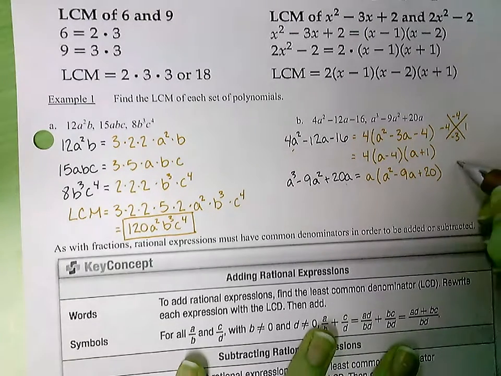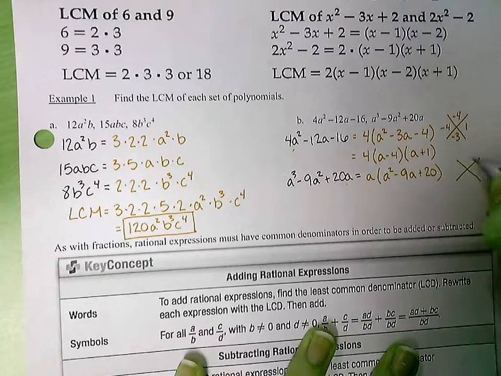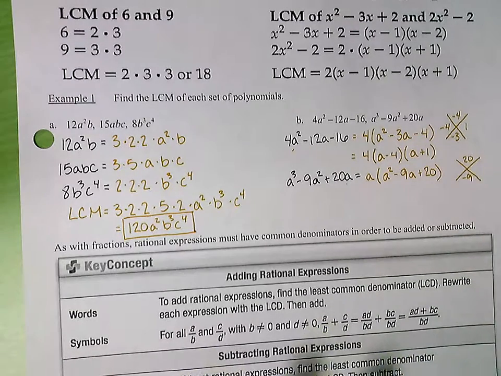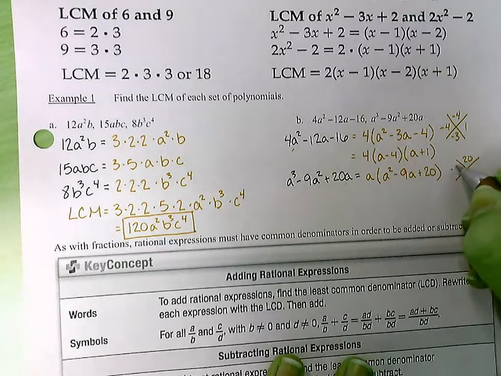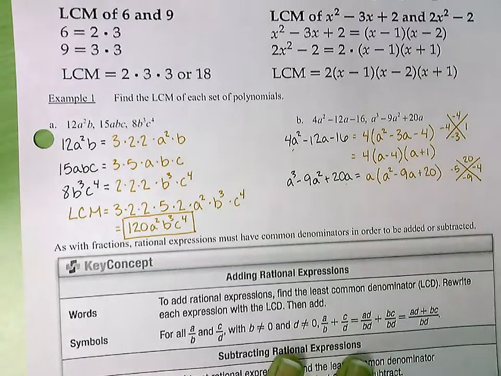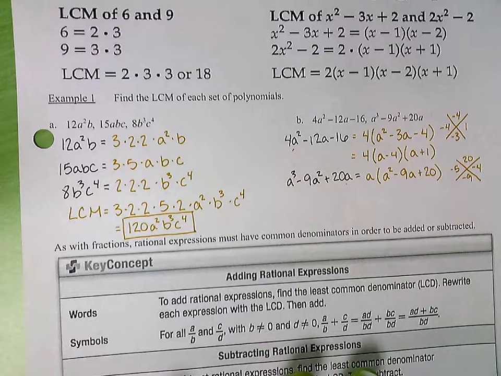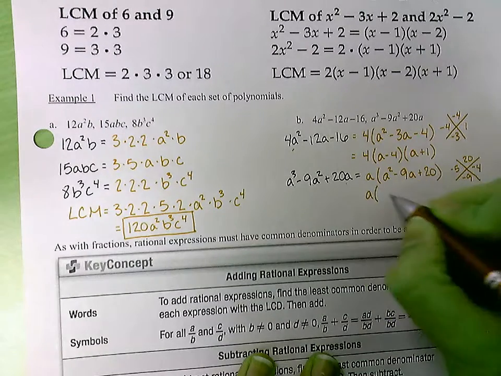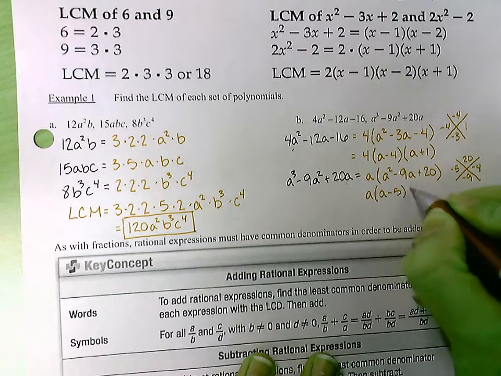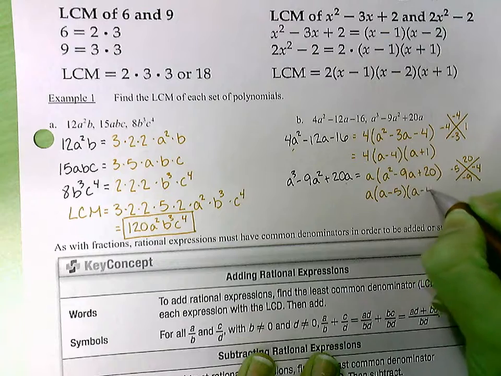So again, I can do the x method here. What multiplies to 20 and adds to negative 9? Negative 5 and negative 4. So here I have a times a minus 5 times a minus 4.